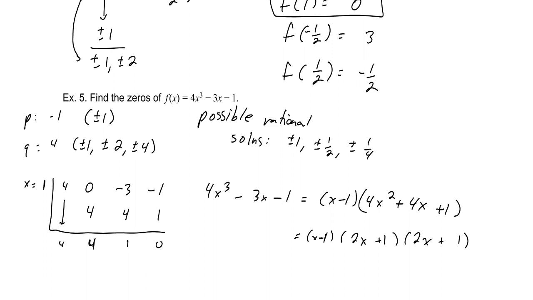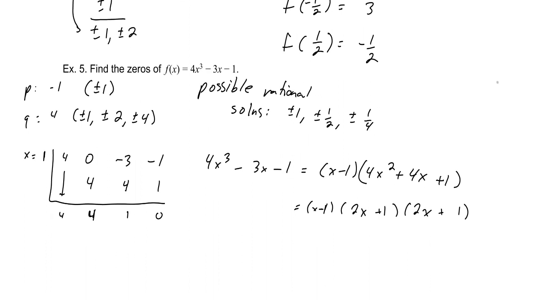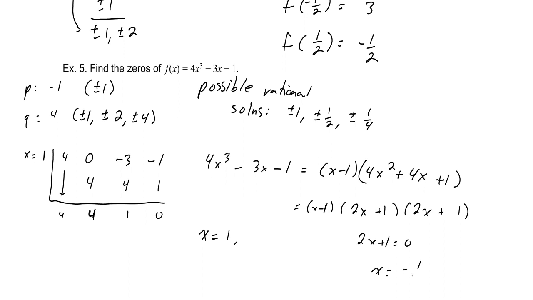Could that work? 2x squared, that would be 2x and 2x, 4x plus 1. All right, so that is the complete factorization of this. So x equals 1. That's the one we found earlier with synthetic division. And then setting each of those equal to 0, well, they're the same. So 2x plus 1 equals 0 tells me x is negative 1/2.